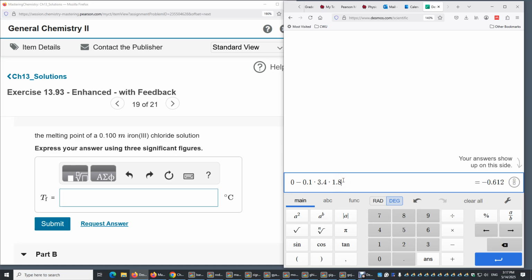It's 1.86 degrees Celsius per molal. You can find this constant in your textbook. The final answer should be negative 0.632.